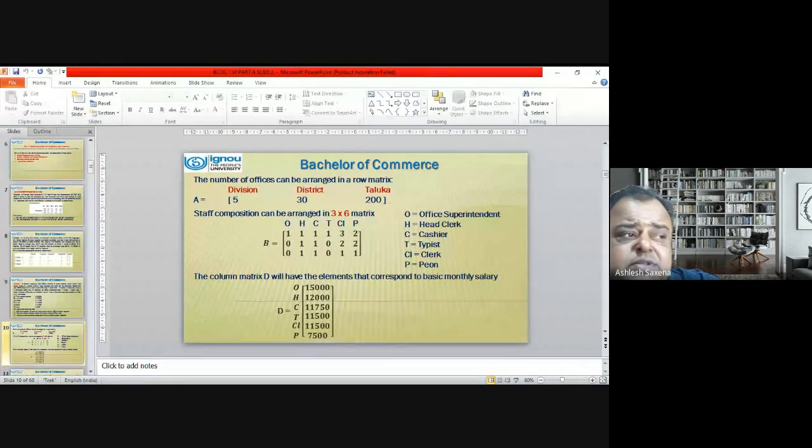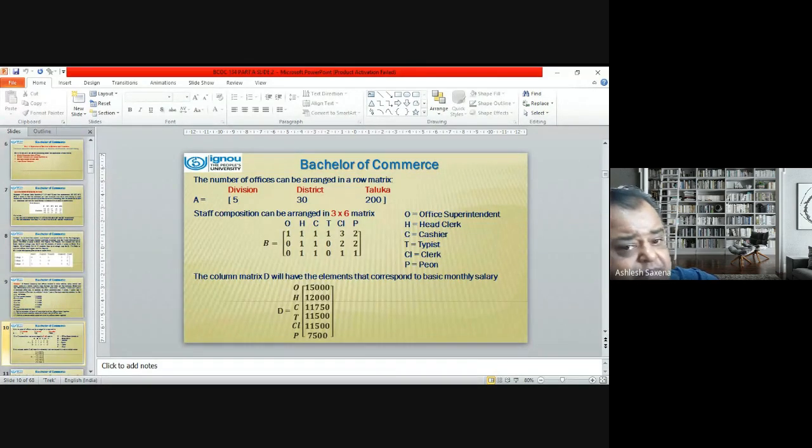Second comes the staff allocation in these three different offices. As given in the problem, in a division we have one office superintendent, one head clerk, one cashier, one typist, three clerks, and two PMs.